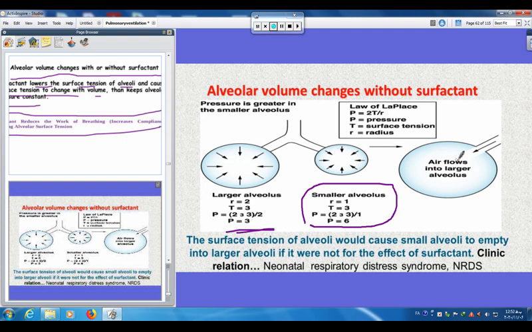This causes the airflow into the larger volumes. Based on this formula, pressure is greater in the smaller alveolus in the absence of the surfactant.